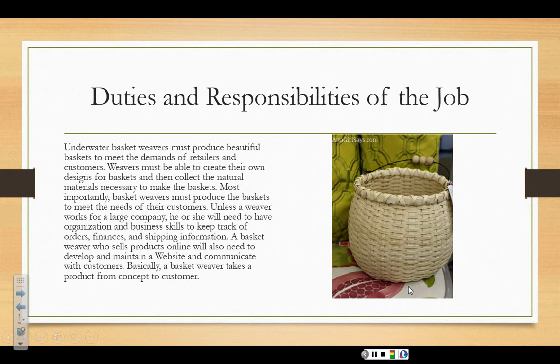Your third slide will focus on duties and responsibilities of the job. In it, you're going to discuss, as your content, what the responsibilities are for the job you've chosen. What does a person who does this job typically do? What kinds of skills does this person need to have? Be sure that you include, on the same slide, a picture related to your job.